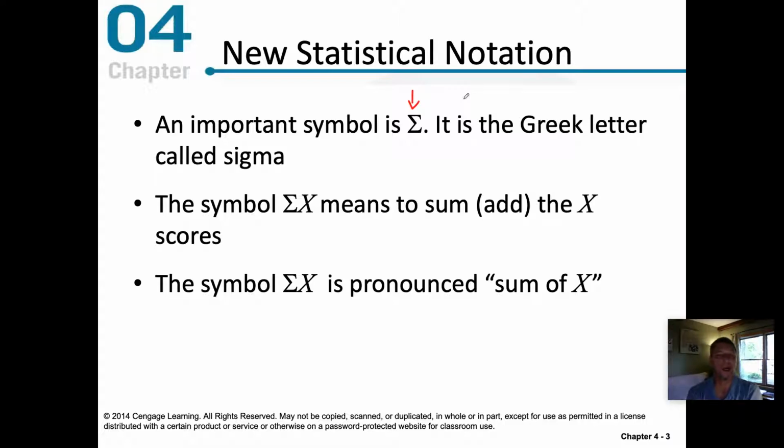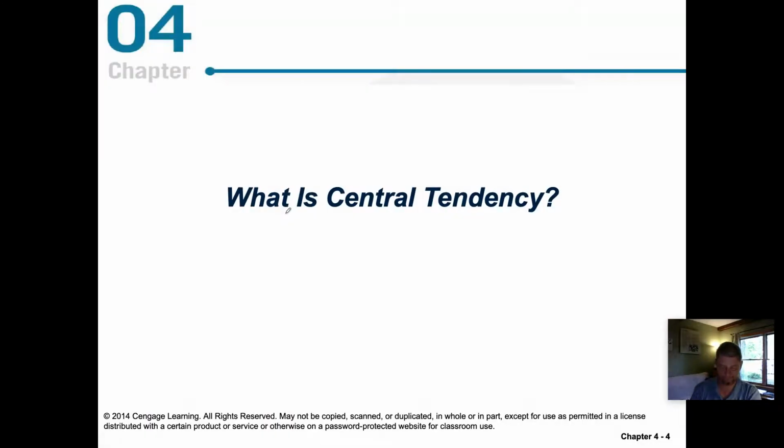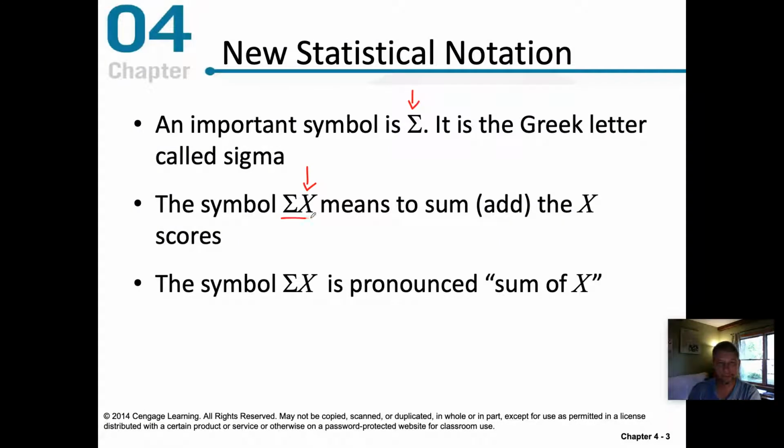Now, if you put sigma in front of a variable like x, so you've got the symbol sigma x, that means to sum or add up all of these scores that are x. We did this a little bit on Tuesday when we calculated deviations.